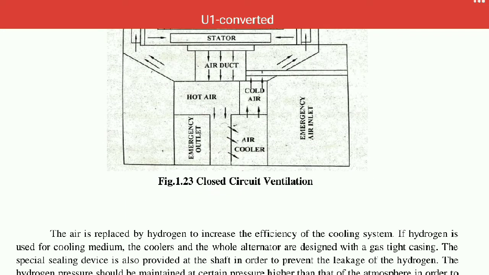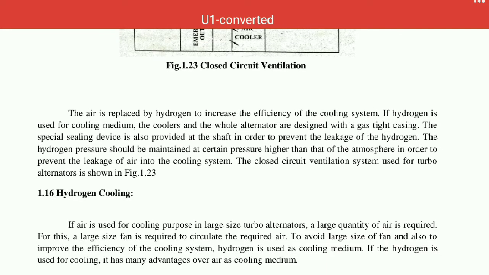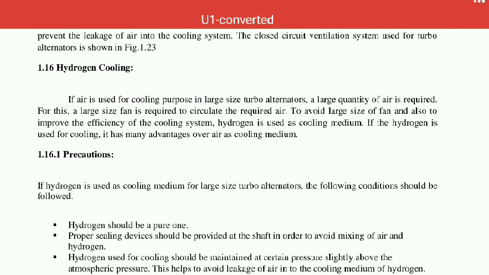And this is the most efficient cooling method available to date, and they are provided with a gas tight casing so that the gas doesn't escape. The pressure is maintained greater than atmospheric pressure, as I said earlier, to prevent leakage of air into the coolant medium.